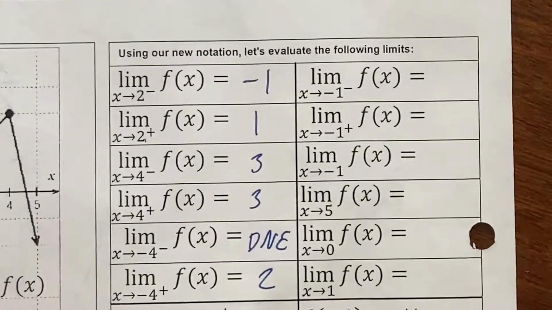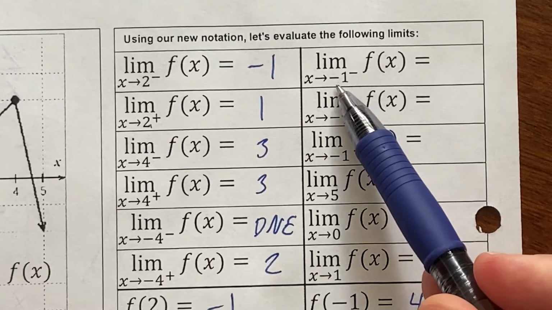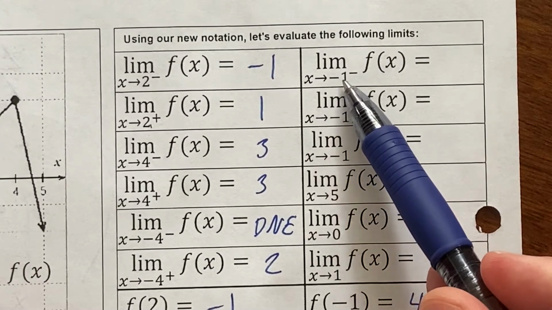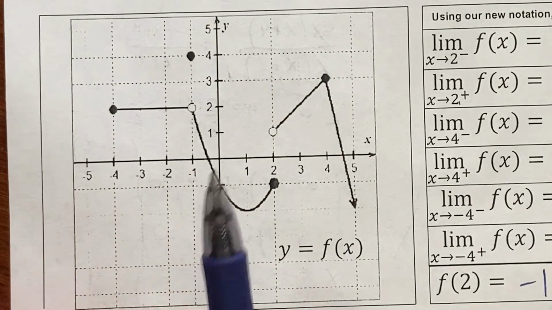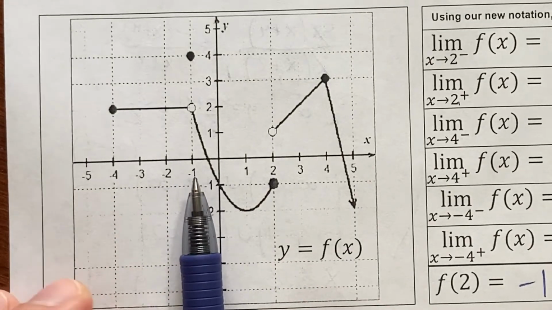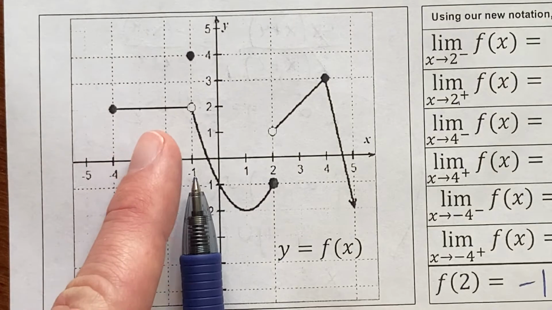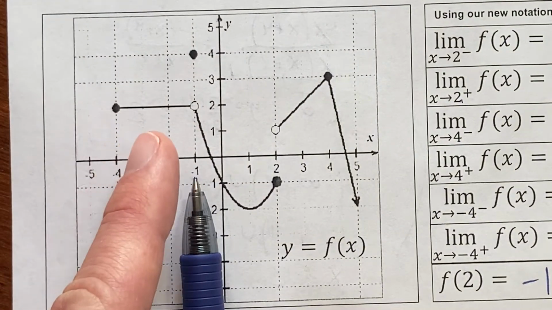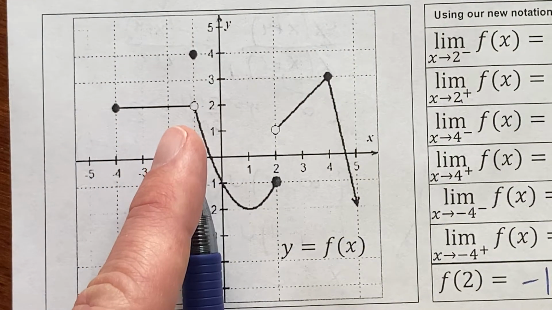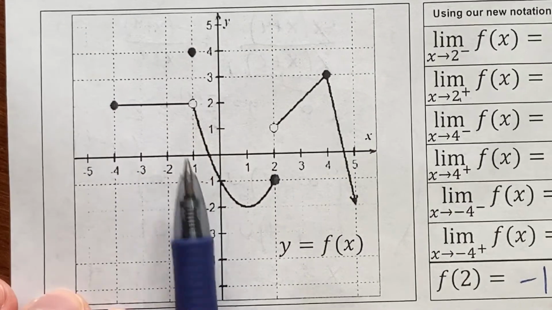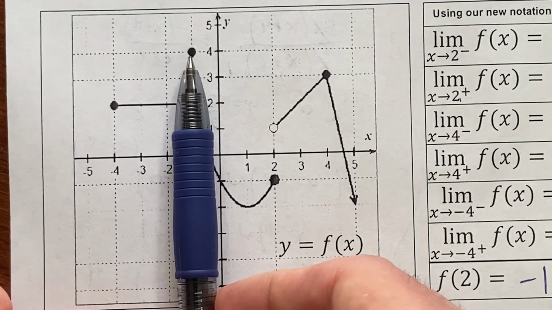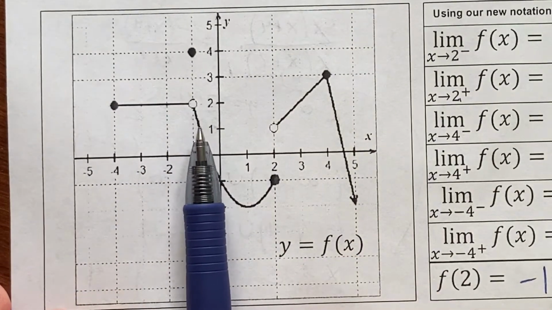Okay. All right. So the limit as x approaches -1 from the left side, what y value am I getting really, really close to? 2. Now there's a dot up there. That would be my f of -1. But I'm not looking at f of -1.